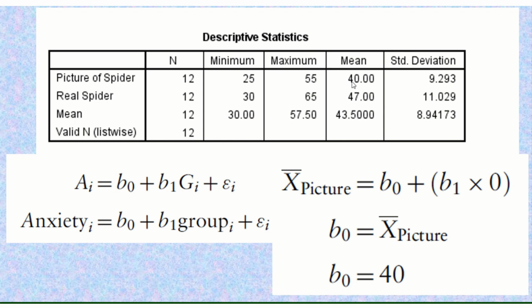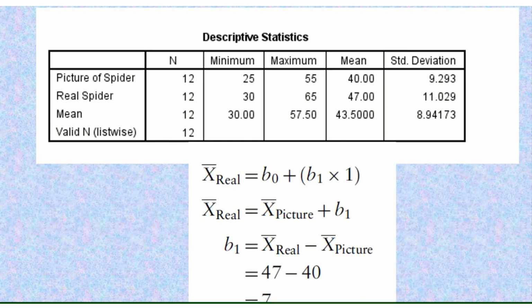Going back to our table earlier, the mean for the picture of the spider is 40. Therefore, replacing this with its value of 40, b sub 0, or the intercept, is also equivalent to 40. Therefore, the b sub 0 or the intercept is also equal to the mean of the picture of the spider.